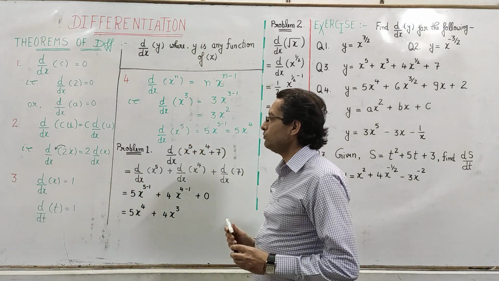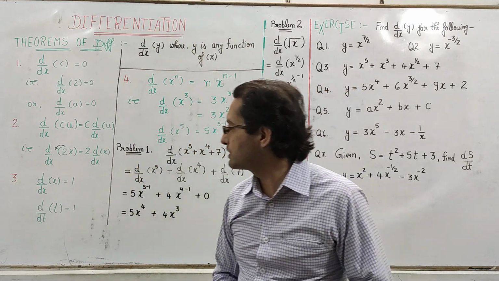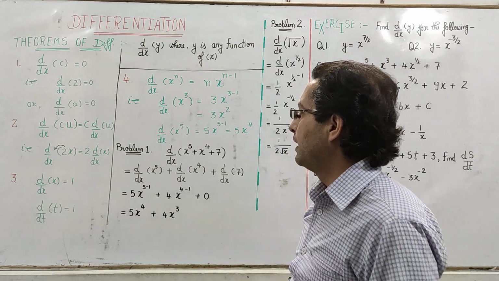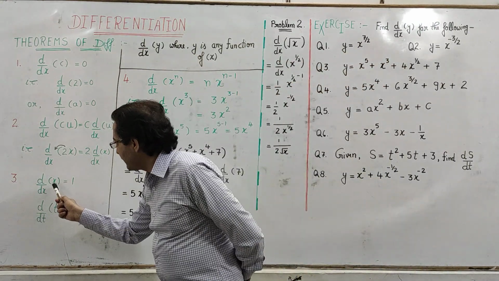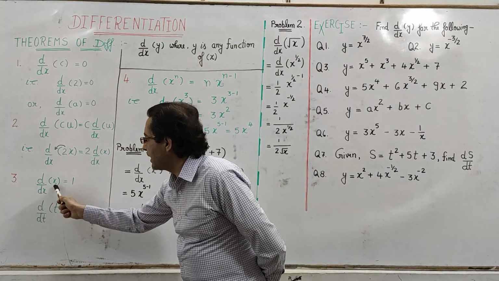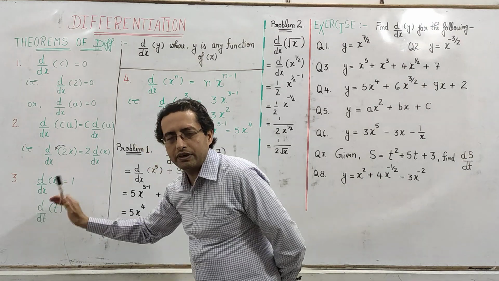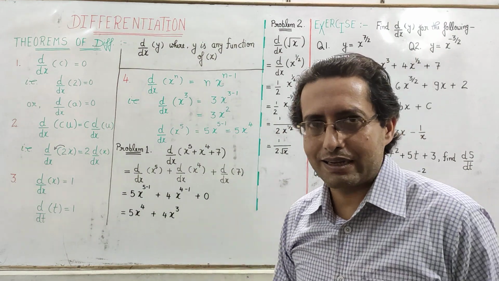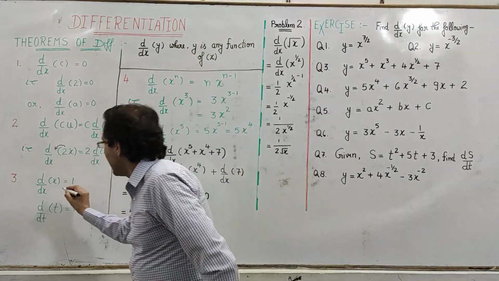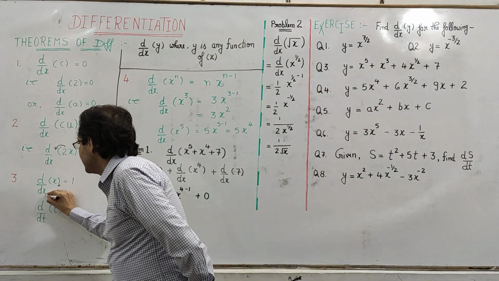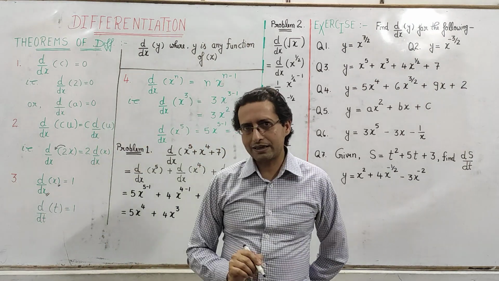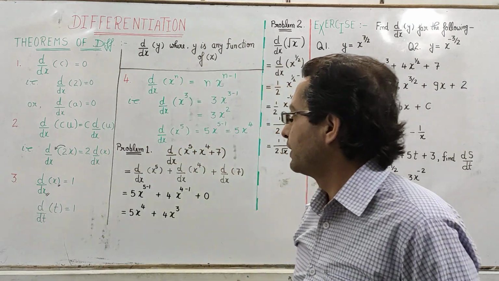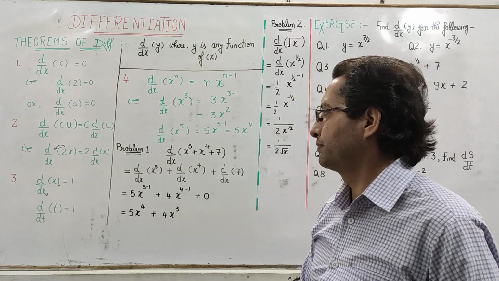Next is the third formula, d over dx x. Wherever a term is differentiated with the same term, that is d over dx x, here it is x and it is going to be differentiated with x, so it will become 1.